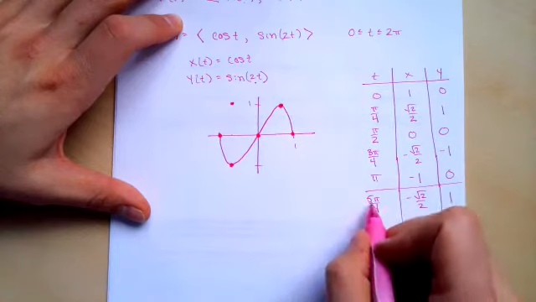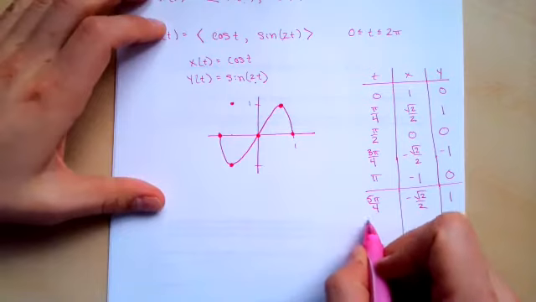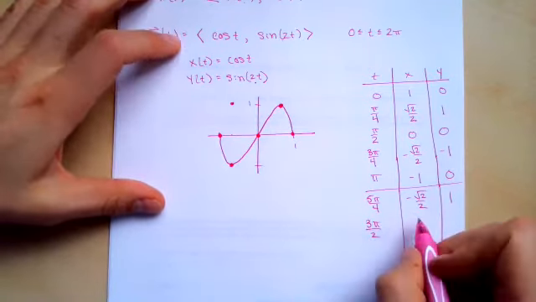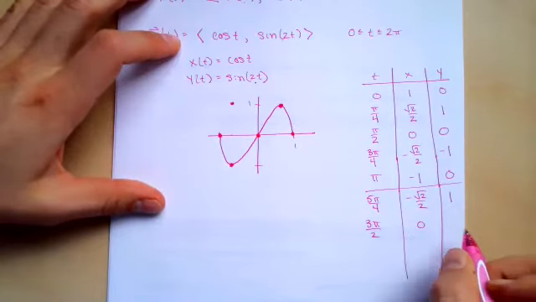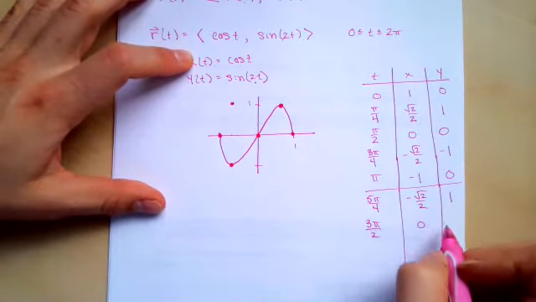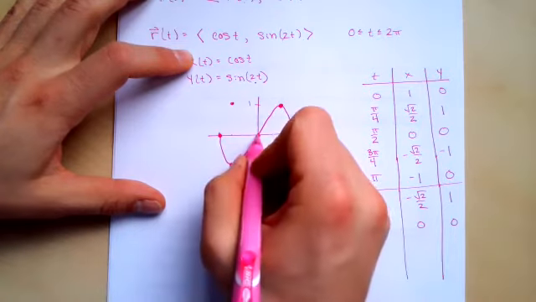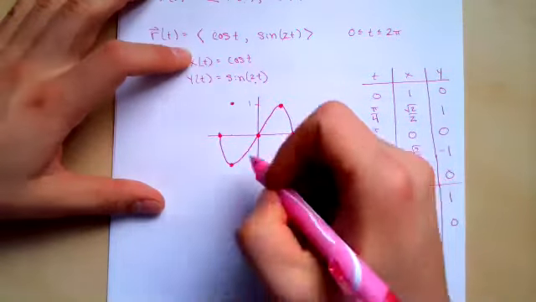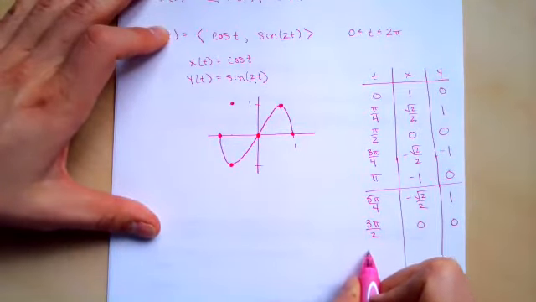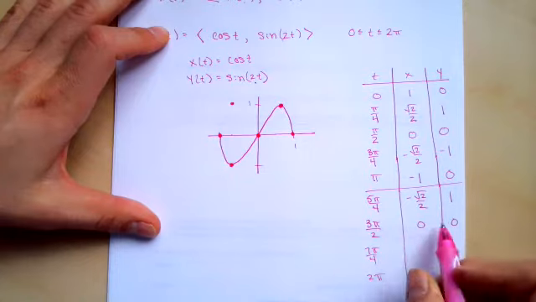And so if we check the next one, 6 pi over 4, 3 pi over 2. My x is going to be 0, cosine of 3 pi over 2. And my y now, sine of 3 pi, when we plug that in, gives me 0 as well. So we go back and we hit the origin again. And then the last 2 points, 7 pi over 4 and 2 pi, where do you guys think they're at?